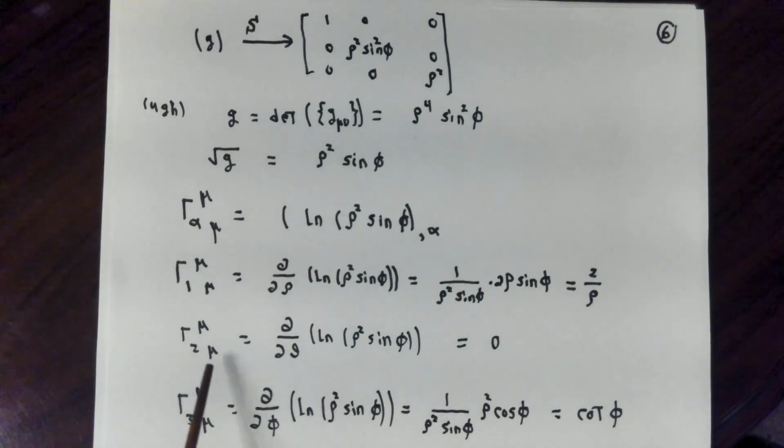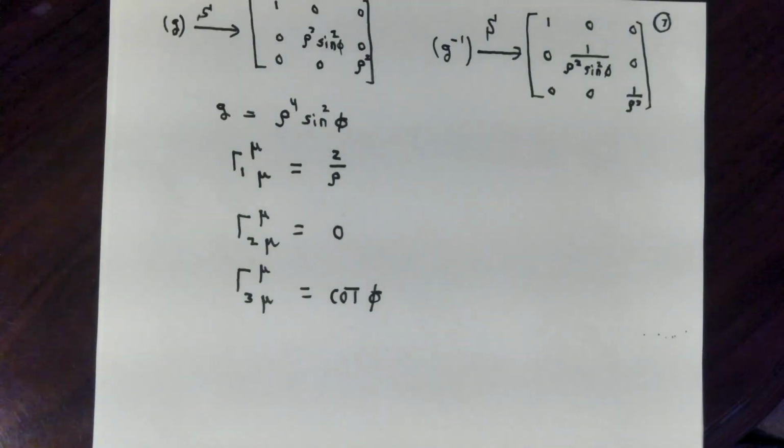Gamma mu 2 mu is the partial derivative with respect to theta instead, but this quantity doesn't contain any thetas. It has no theta dependence, so that one will be 0. Gamma mu 3 mu is the partial derivative of natural log rho squared sine phi with respect to phi, and after doing the chain rule, that one turns out to be the cotangent of phi.